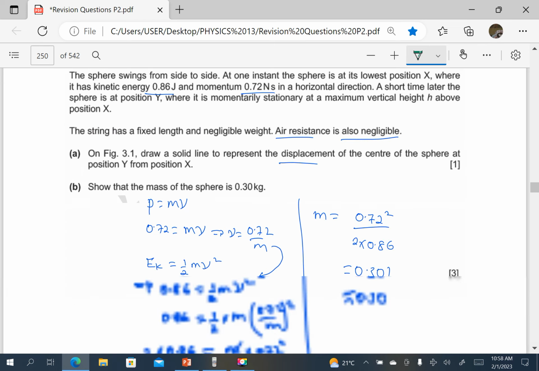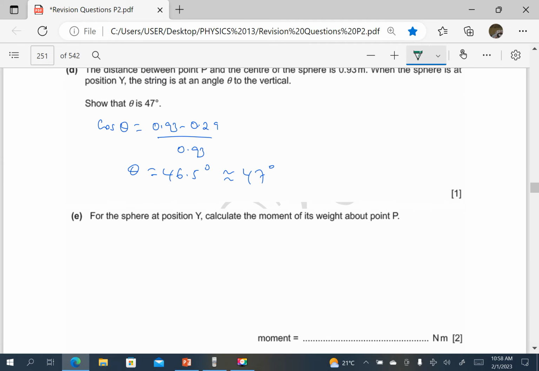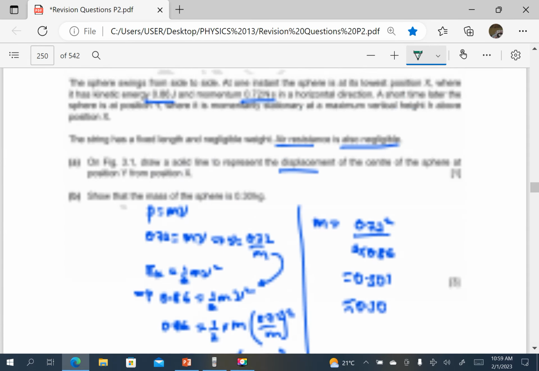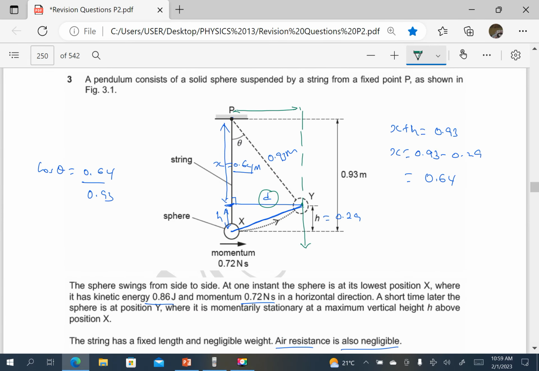Therefore, by taking moments, the moment is going to be the mass 0.30 times g, which is 9.81, to get the force, times the perpendicular distance. We have seen that to find D, it will be opposite over hypotenuse, that is sine. So sine of theta is equal to the opposite, D, over the hypotenuse, which is 0.93.